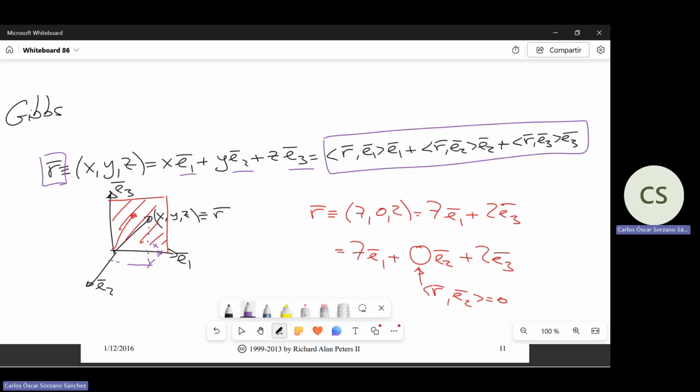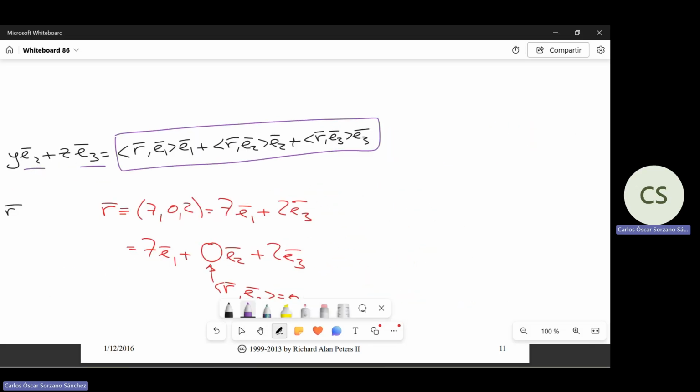Okay, so we will extend this one. So you have to multiply this by something related to E1 and multiply by E1, and the same for the others. So in general, the most general formula would be something like this. If you are in n dimensions, and you want to represent the vector r, what you have to do is the sum over all elements in your basis.